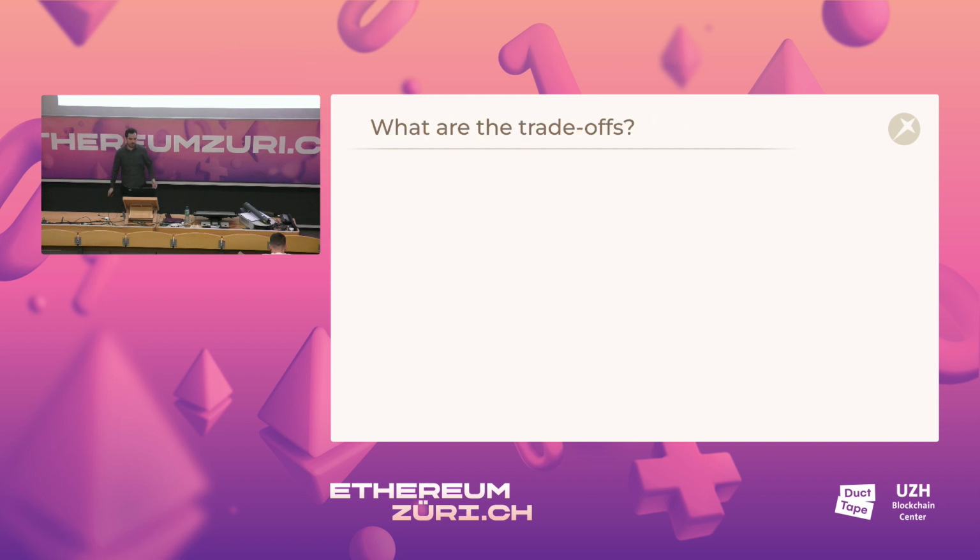So let's talk about the trade-offs, because it all seems like, okay, we can solve this problem, but what are the things we are not solving actually? These protocols are not very composable, because winning that the transaction is included in a batch auction in one protocol doesn't mean that it will be included in another batch auction in another protocol.